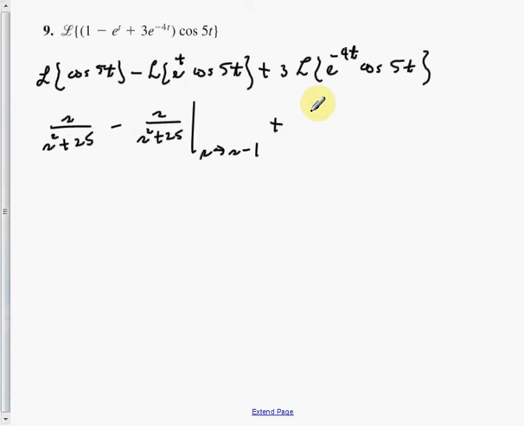So plus the 3, I'm going to associate that with the s up top. This is s squared plus 25. And then s here goes from s to s plus 4. So wherever I have s for those second translations, we're going to put s minus 1 for that second one, and then s plus 4 for the third one. The first one stays the same.